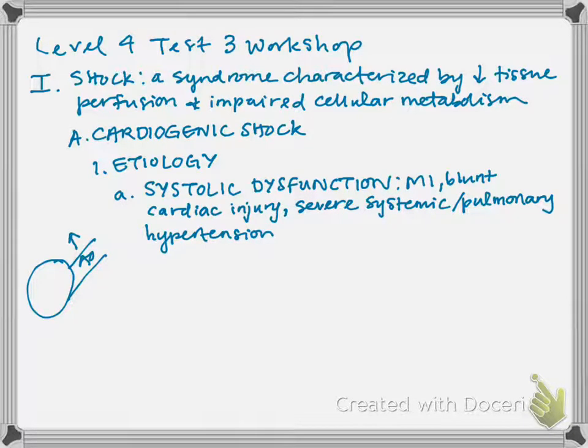So afterload is too high, and the ventricle itself isn't strong enough to pump against it. So then you have a problem with that pressure in the aorta and getting that blood out into a vessel that's entirely too pressurized. It's like if I tried to open a door and some big burly dude was standing on the other side trying to keep it shut.